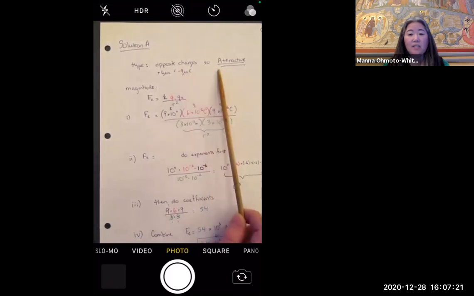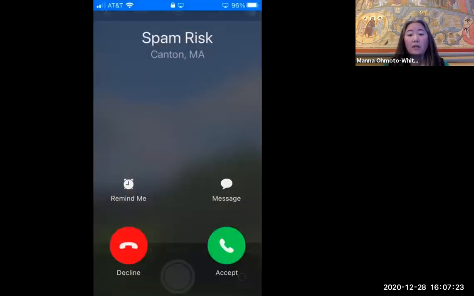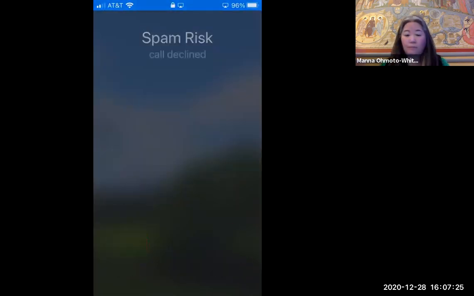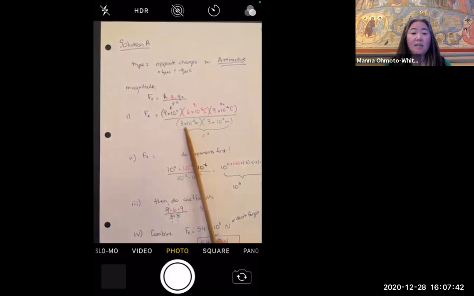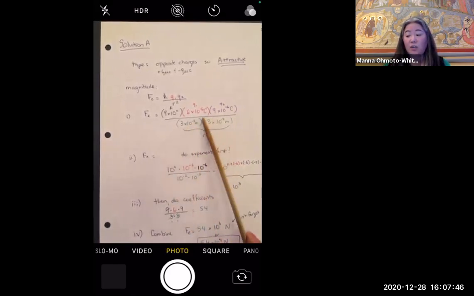Once I figure out that it's an attractive force, I can ignore that it's a negative charge and simply put the absolute values in. My r, my distance, is 3 times 10 to the negative second. Rather than just writing the square term, because that's so easy to get lost, I actually write it out twice. This is just, again, to be kind to my future self.